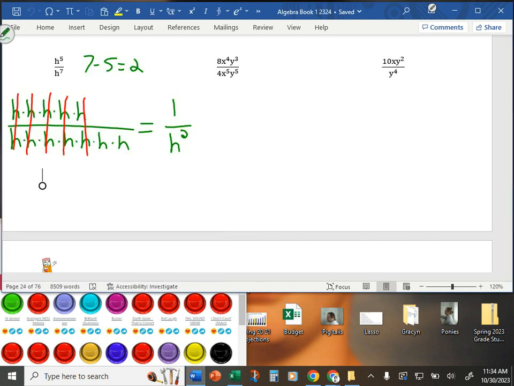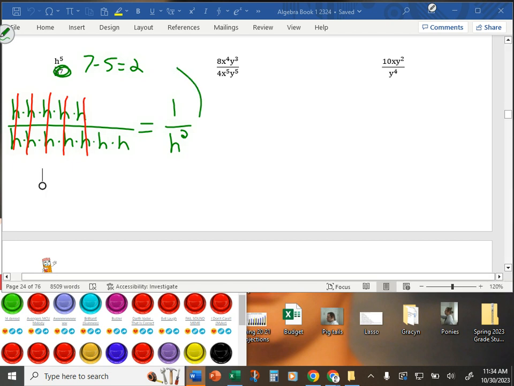Exactly. Where do you have more h's to start with? We had more h's to start with in the denominator, so that's where our leftover h's are going to be. Up in the top, we had more c's or 2's or 9's, whatever it was, in the numerator, that's why they were left there. Okay? So where we have more to start with, that's where your h's are going to go.